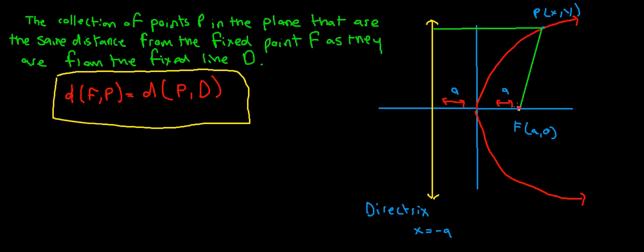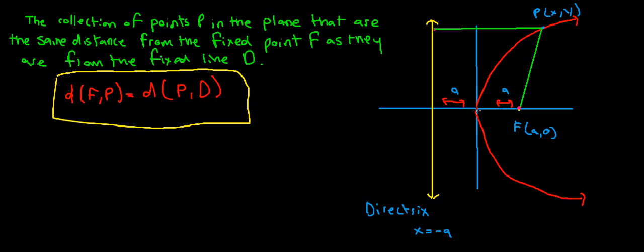They have to be the same distance to the focus as they are to the fixed line D, which is here. And this is called the directrix. So if I have a collection of points, and they all have the same distance to the focus as they have to the directrix, then by definition it is a parabola.